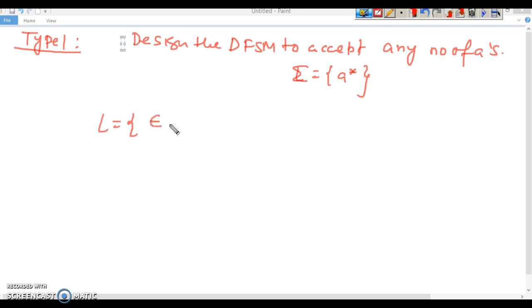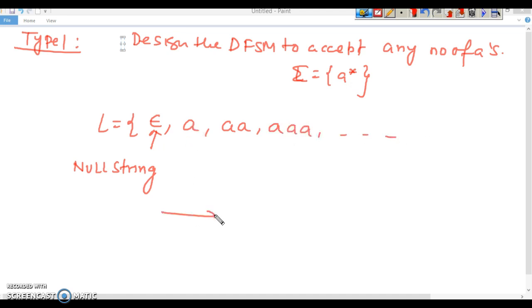This machine can accept epsilon, because any number of A's also includes 0, and 0 is represented as epsilon. Epsilon means null string. It may accept 1 A, 2 A's, 3 A's, and so on, up to 1000 A's.